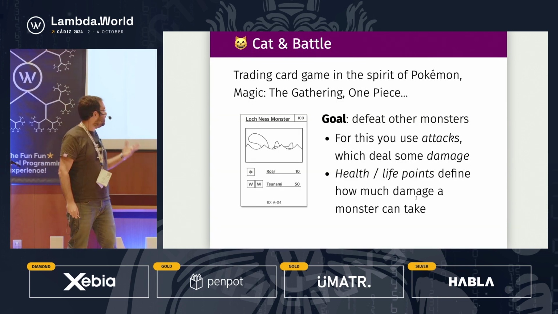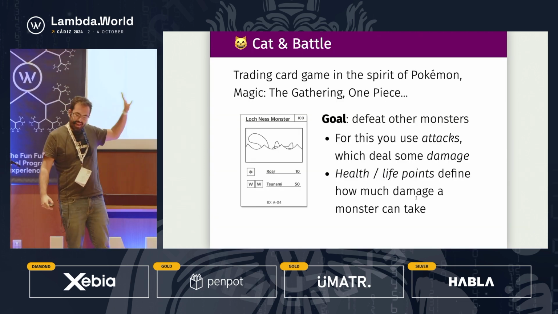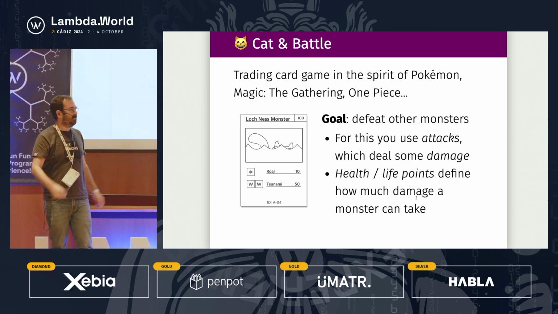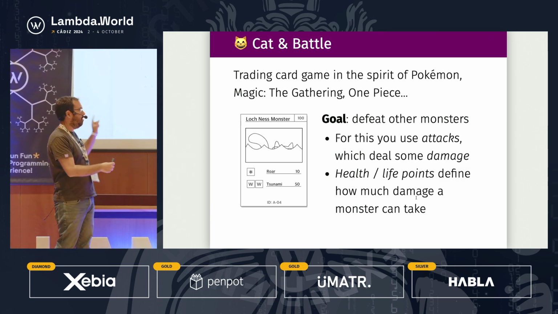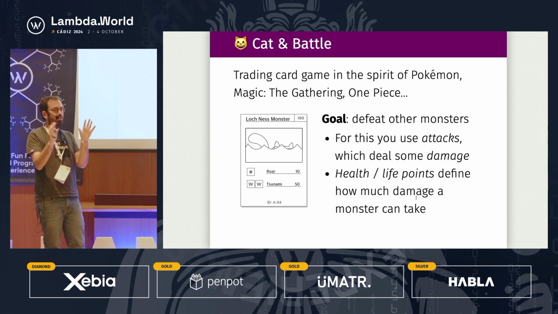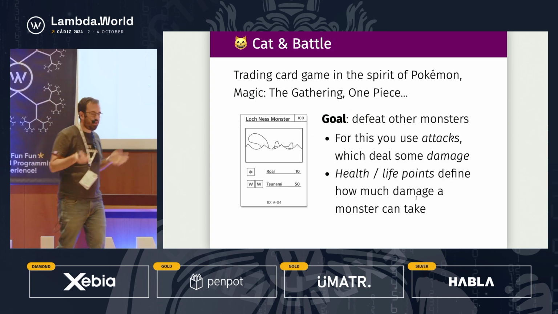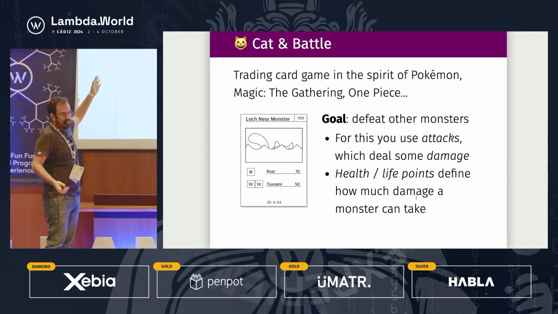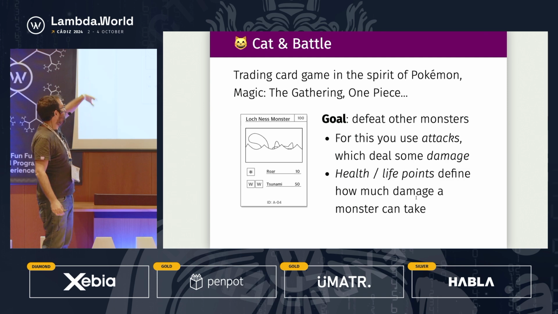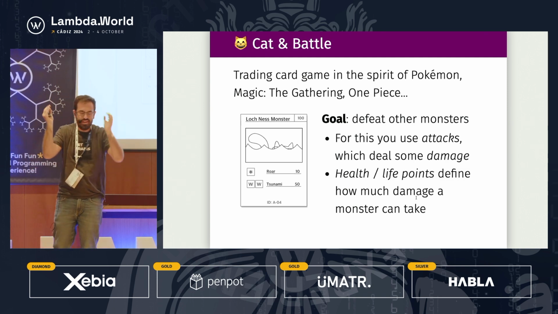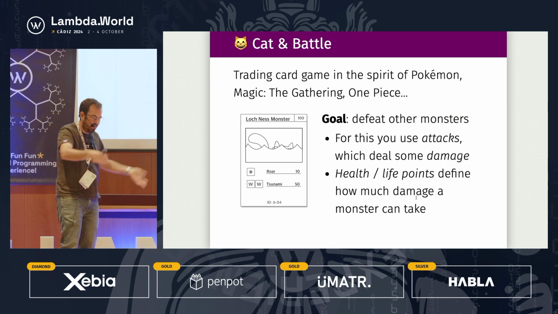And to show this, I really love playing trading card games. I used to use real trading card games, but my wife decided I should have ones with cats, because from her point of view, we do things with cats, whatever. Many of you may have played this kind of thing. You have cards with monsters or sorceries, and you want to defeat the other ones.